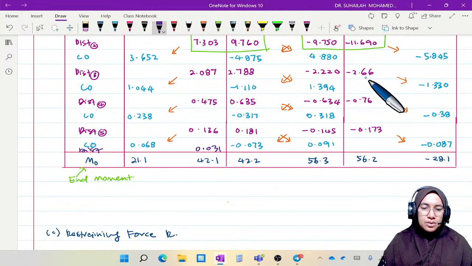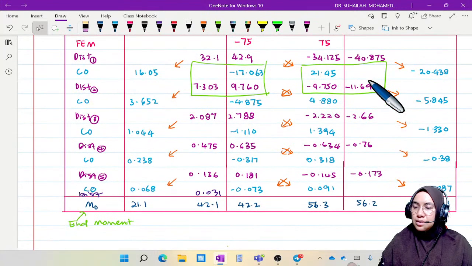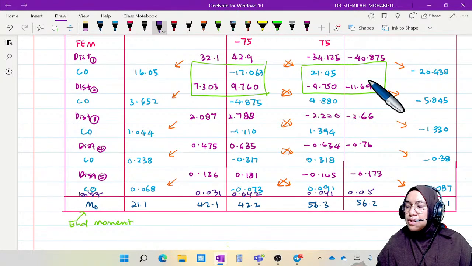And 0.073 times 0.572 is 0.042. Another one is negative 0.091 times 0.455, which is 0.041. Okay, and then 0.05.